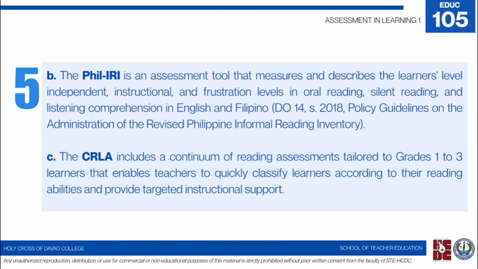It includes a continuum of reading assessments that allows teachers to quickly classify learners according to their current reading abilities, from pre-reading through early fluency, and provide targeted instructional support accordingly.